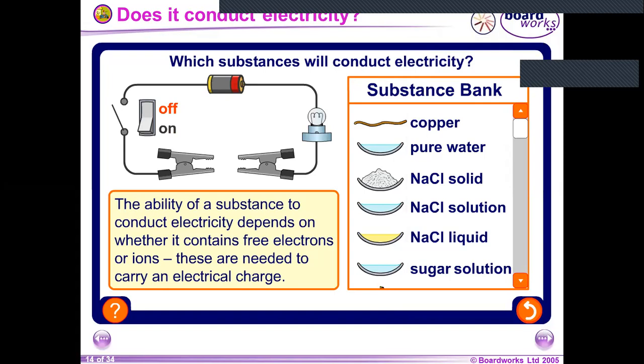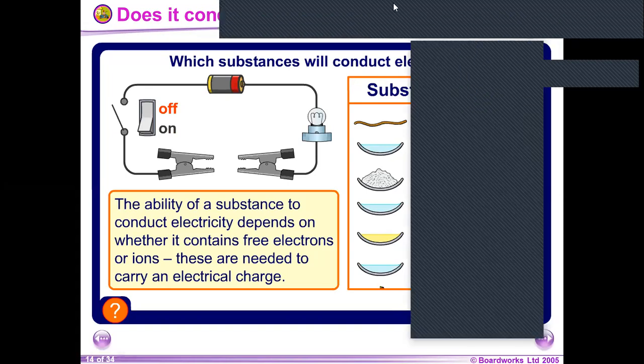So let's try some materials and see if each is a conductor or not. What's a conductor again? Jenna, can you tell me?